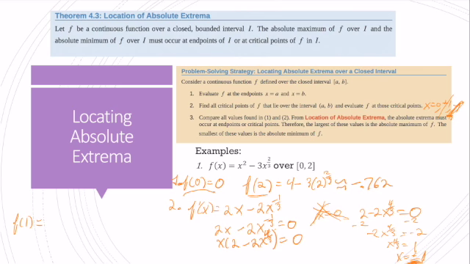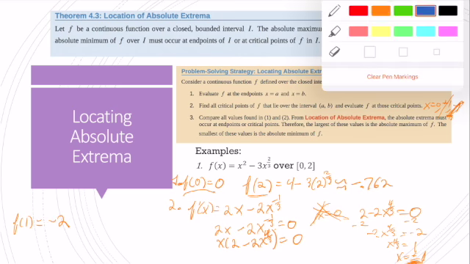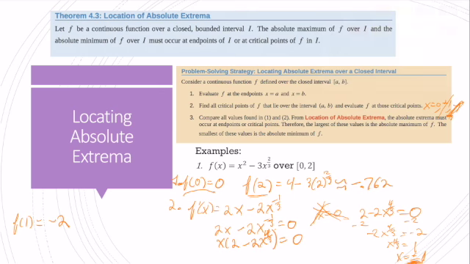What does that tell me? If I look at the 3 points I have, f of 1 equals negative 2 is my absolute minimum. And 0 is my biggest number of the 3. So this is my absolute maximum.